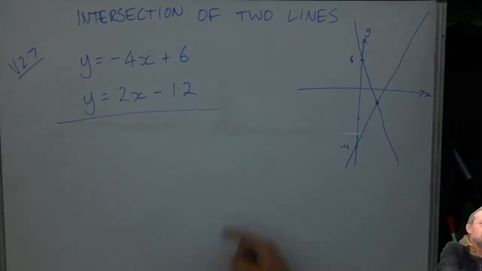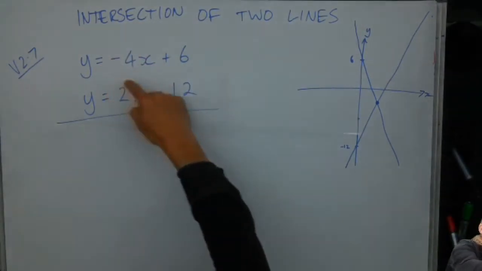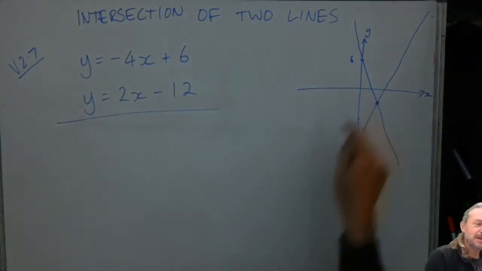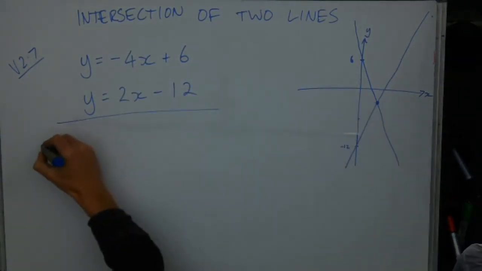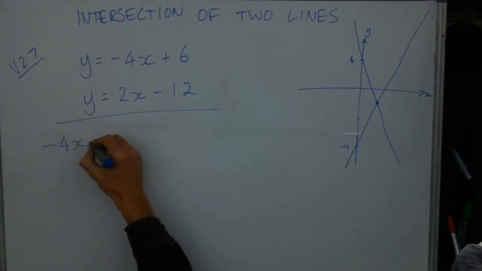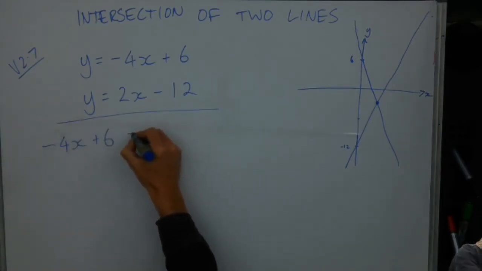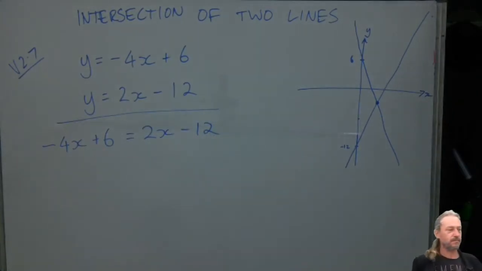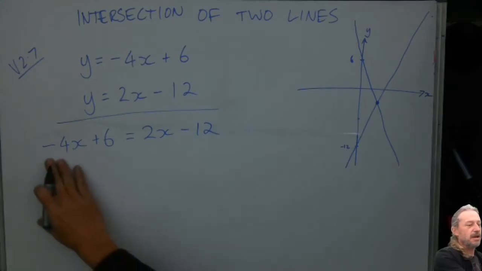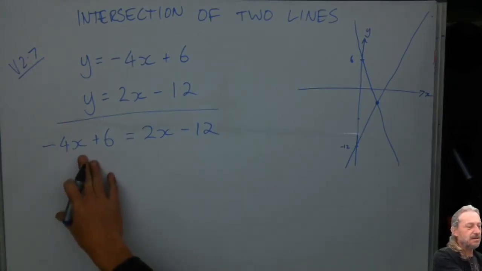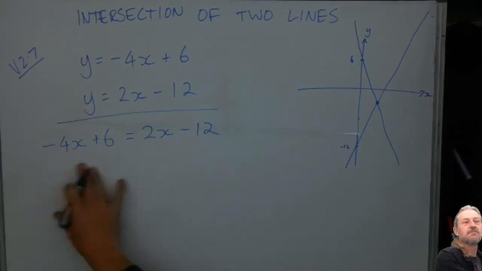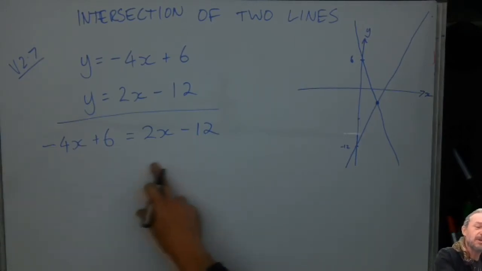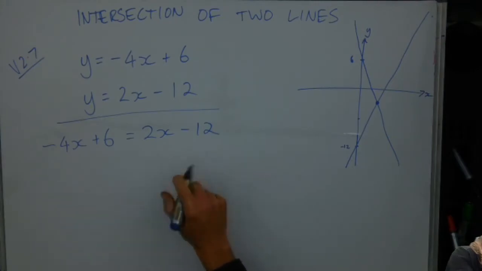Right, so the first step is we want to know when this equation equals this equation, and it's going to be at that point, so we're going to just write negative 4x plus 6 equals 2x take away 12. Because I've got a negative number of x's here and just want to get rid of the negative, we'll just add 4x to both sides. So I'm going to bring the x's over to the right hand side.